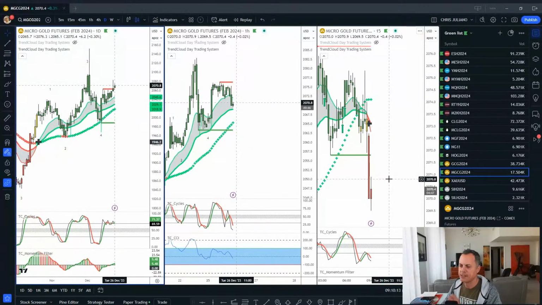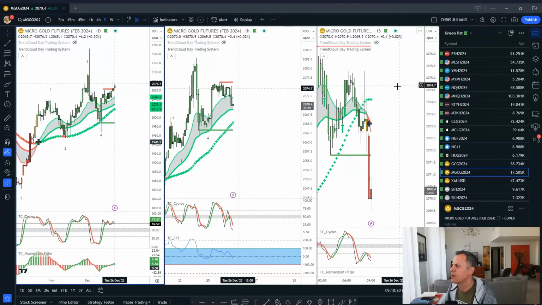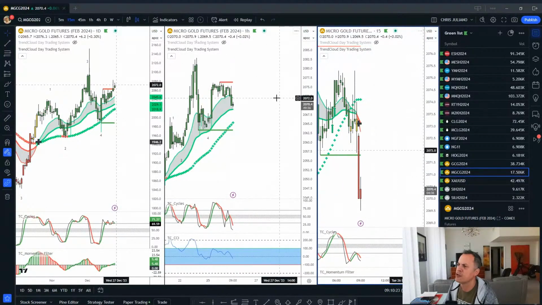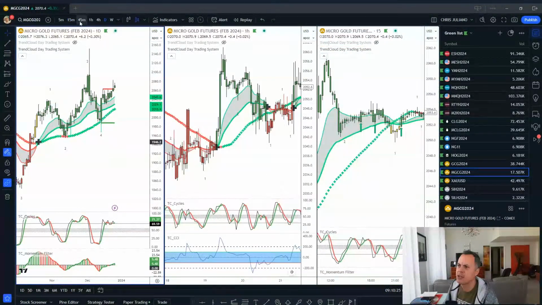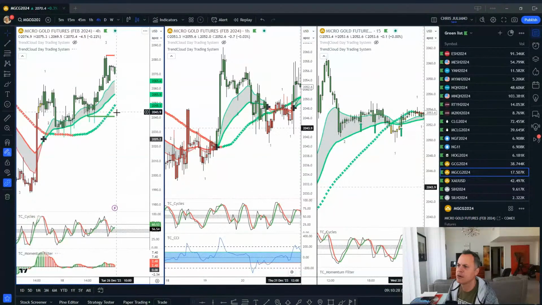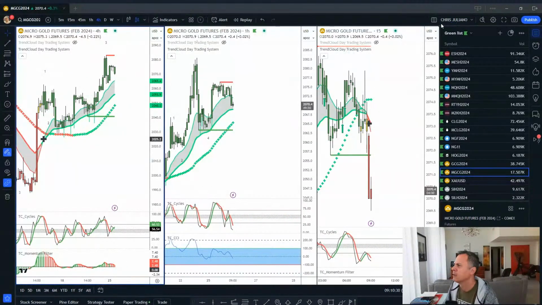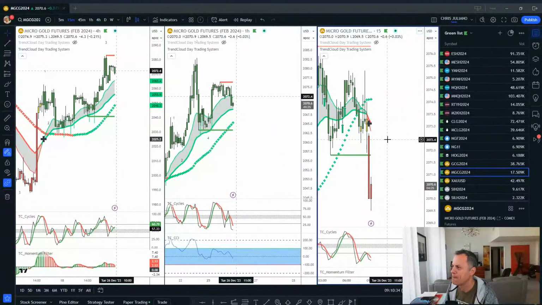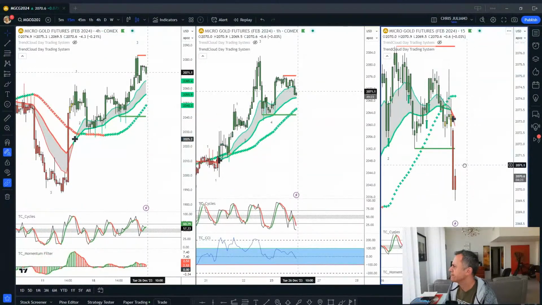All right, let's jump right into the market here. Let's get over to gold, micro gold market right now. What is going on? 15-minute chart, 1 hour chart. Make sure we're on the 4 hour. Let me take this off of time so we don't bounce around the screen.